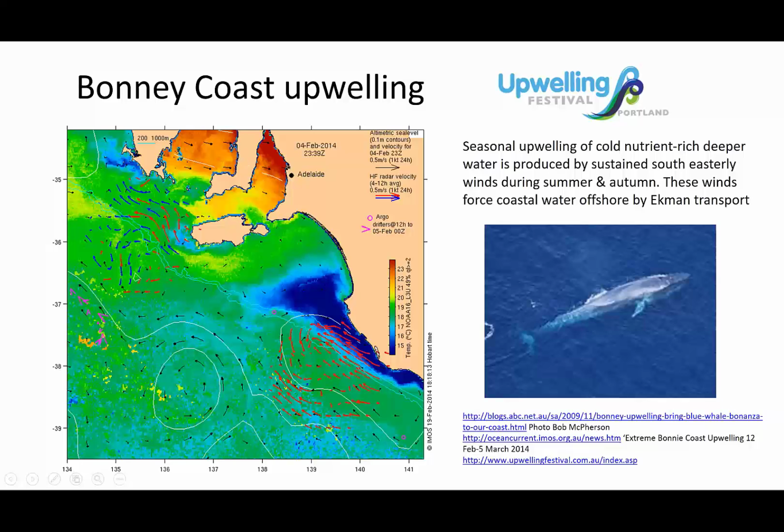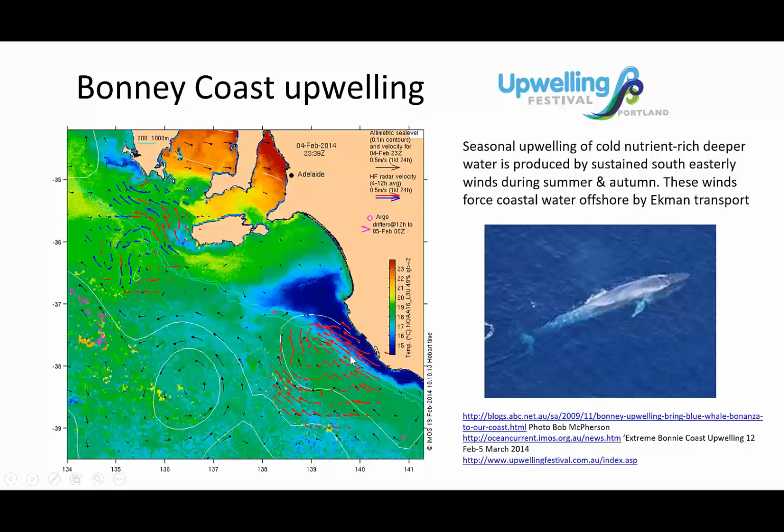And those southeasterly winds result in divergent flow away from the coast. So the surface water is deflected out to the west, to the left, and that creates upwelling. And you can see that upwelling in this picture of the sea surface temperature here, where the blue temperatures are 14 to 15 degrees, and the reds up here are around about 23 degrees.